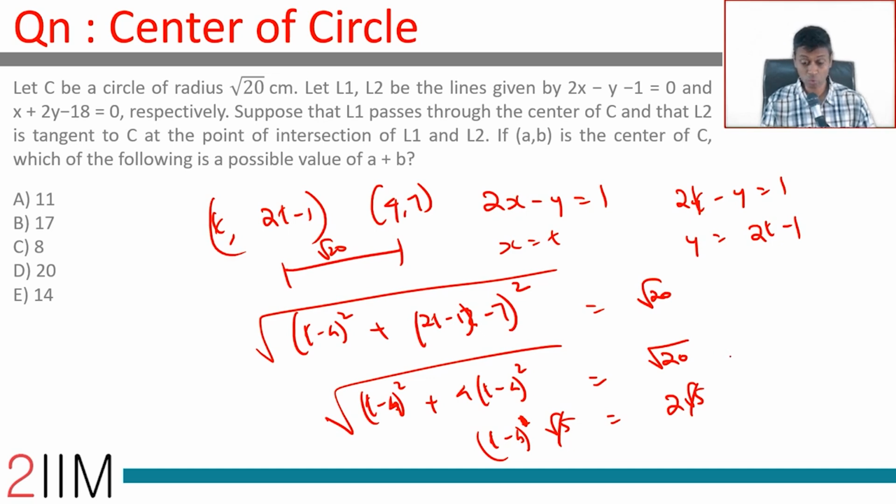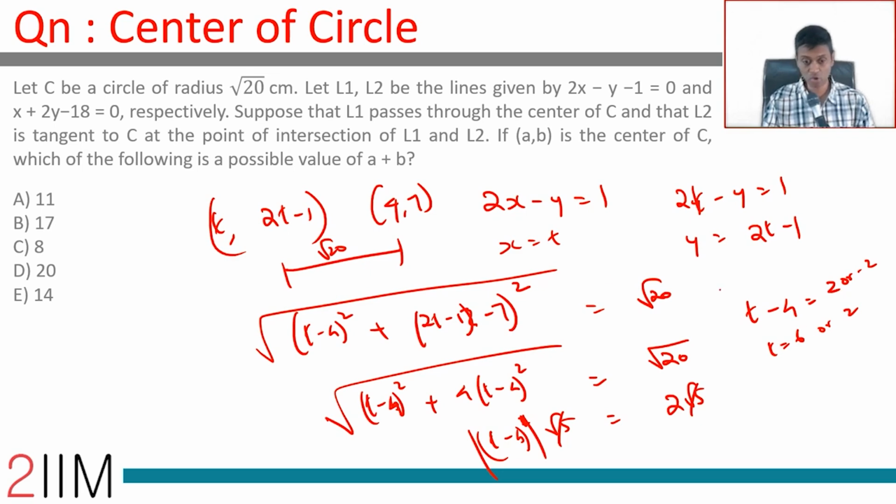And so modulus of t minus 4 times root 5 is 2 root 5, so t minus 4 could be 2 or minus 2. T is 6 or 2, both work. Brilliant.